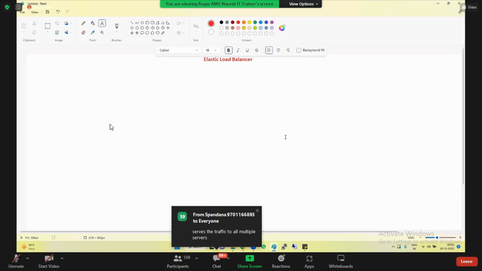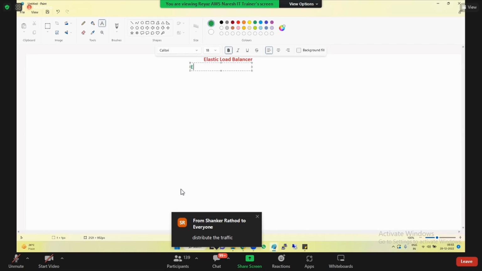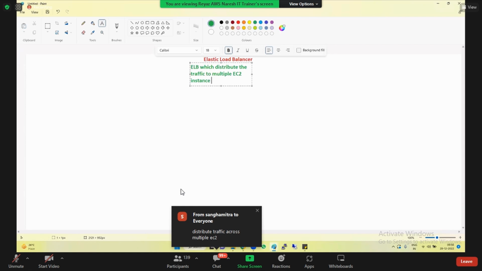Which distribute the traffic across multiple EC2 instances. Very good. Let's start with that. So ELB, which distribute the traffic to multiple EC2 instances across availability zones. This is what we have learned.